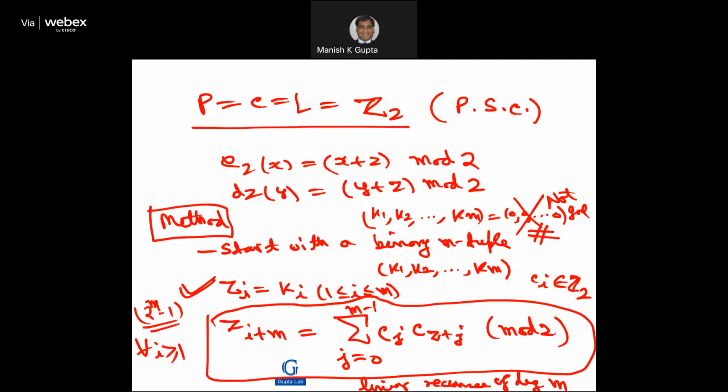This is a very beautiful combination: summation from j equal to 0 to m minus 1 of cj times z of i plus j, mod 2. This is known as a linear recurrence of degree m. I think in a discrete math class somebody might have taught you linear recurrence relations. I don't remember, you might be remembering.